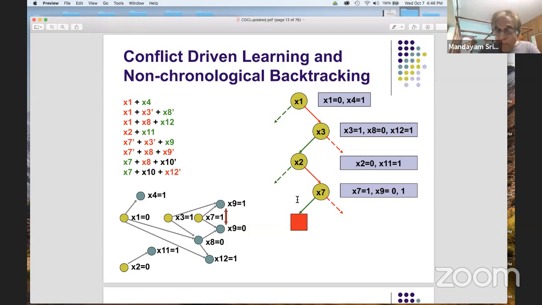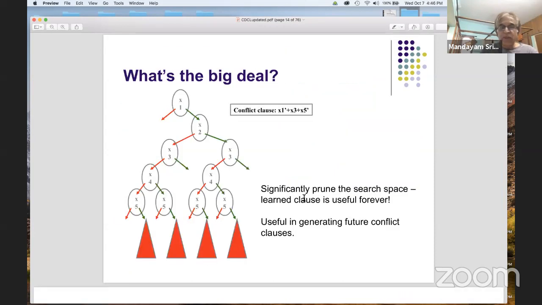So the one big disadvantage of DPLL is illustrated here in this graph. Suppose you make certain voluntary decisions for the variables x1, x2, x3, x4, and then x5.